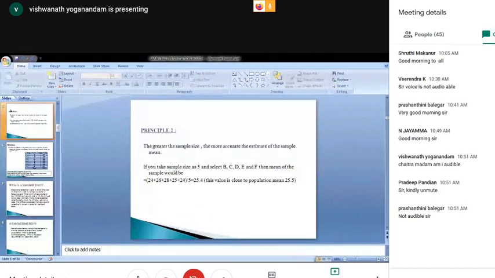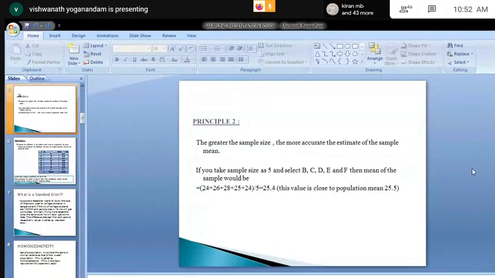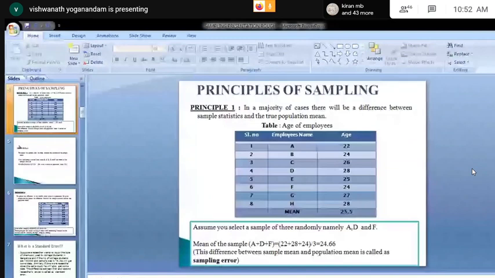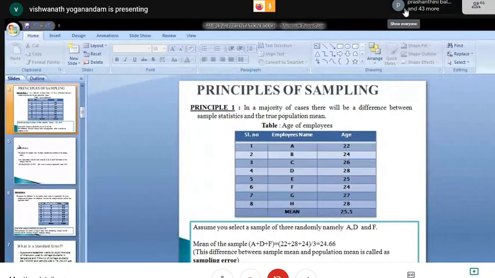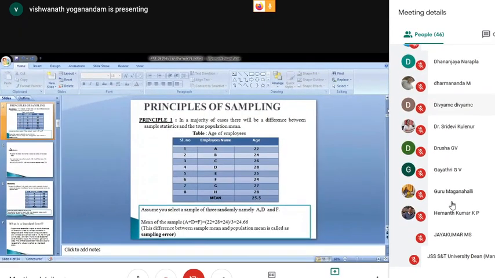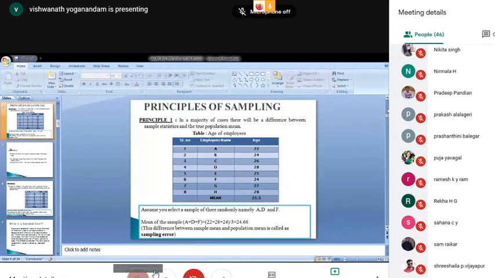Okay. Sorry for the interruption. So let me go to the principles of sampling again. See, the first principle is, in a majority of cases, there will be a difference between sample statistics and the population mean. So we have taken this example of 8 employees and the ages are given.